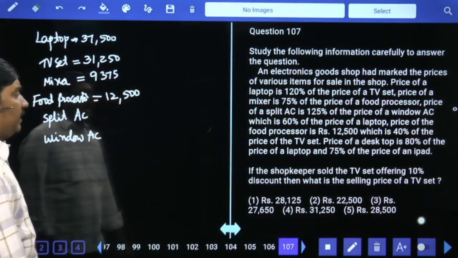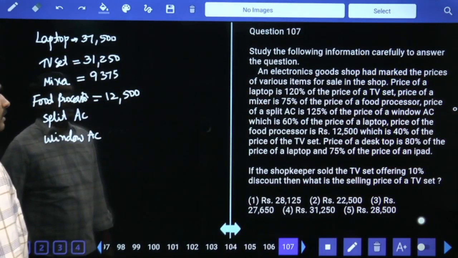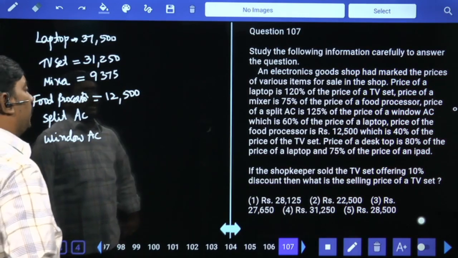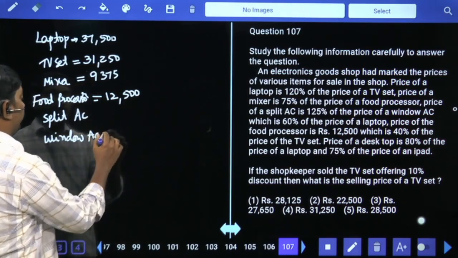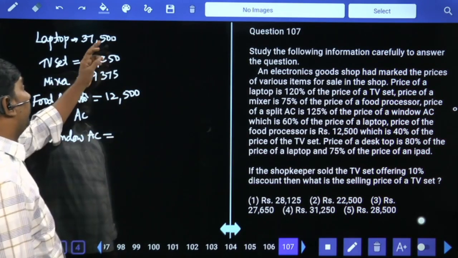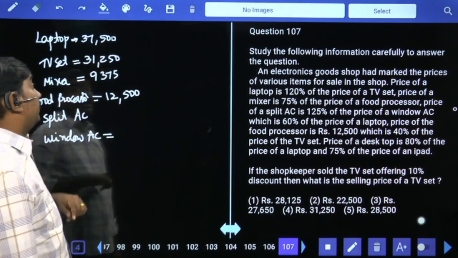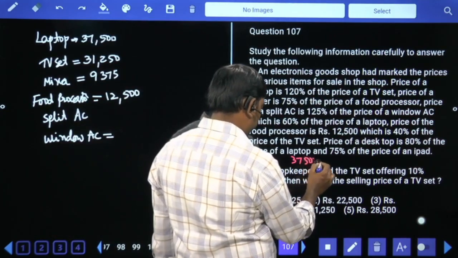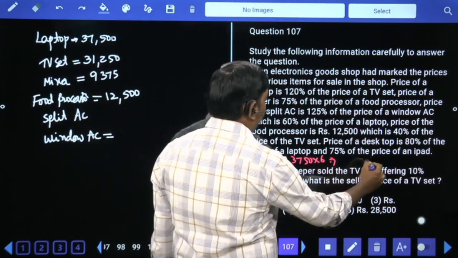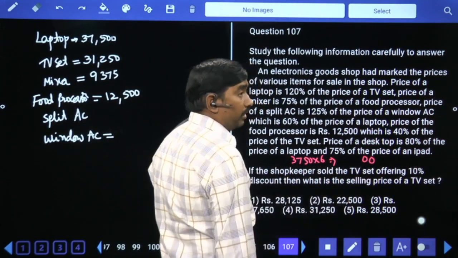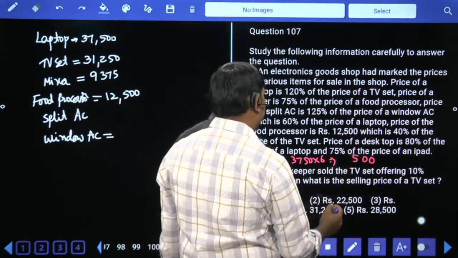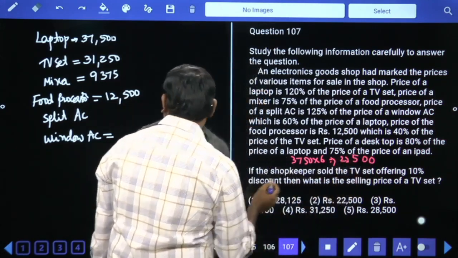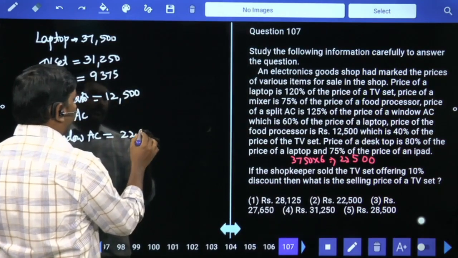Next, the price of a split AC is 125% of the price of the window AC, which is 60% of the laptop. The window AC is 60% of the laptop. 10% is 3,750, so 60% means 6 times, which is 22,500. That is the window AC.